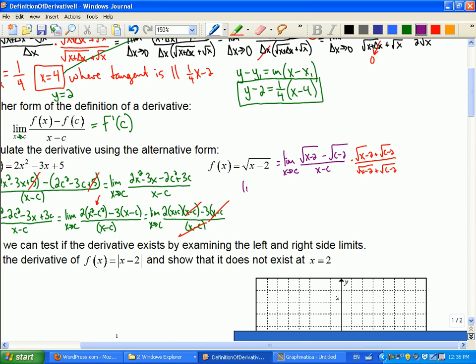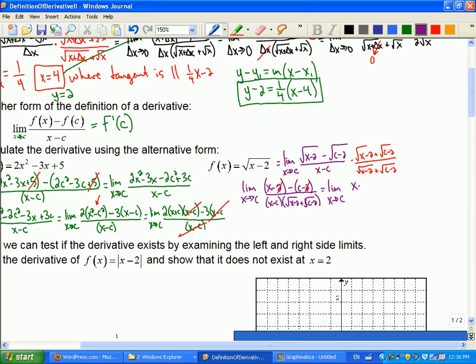Okay, so we have the limit as x goes to c, and on the bottom, those 2's are going to disappear, and I end up with this limit.